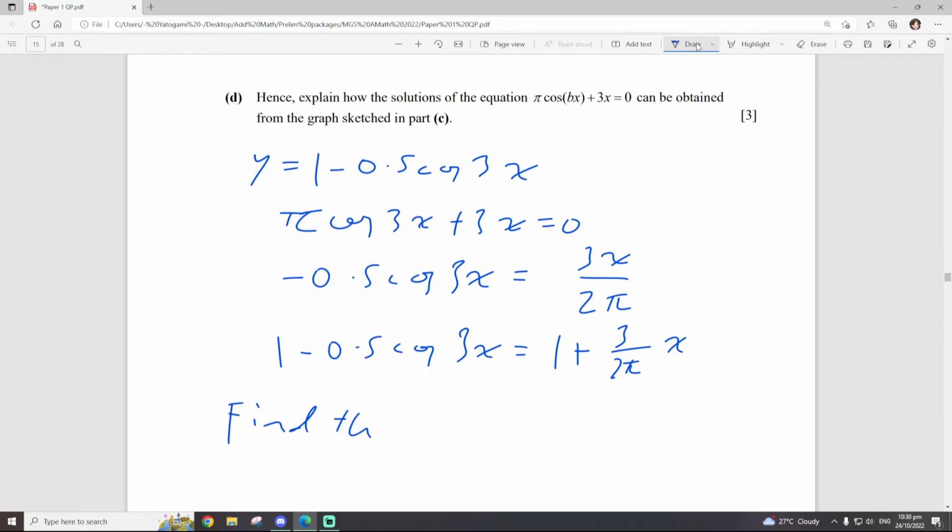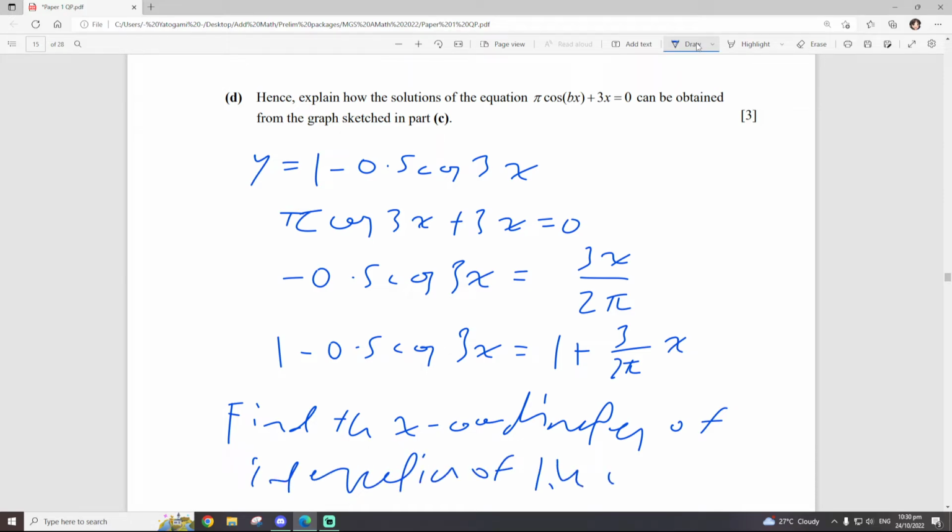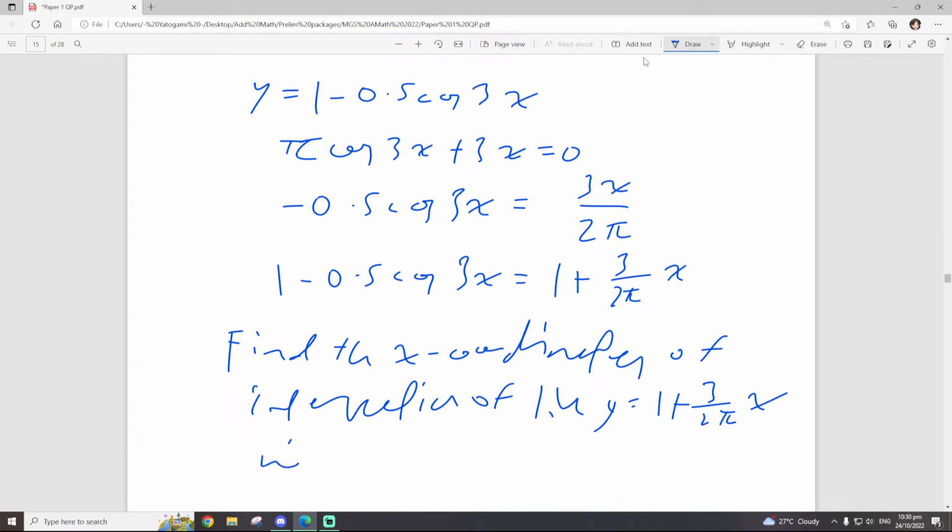So you can see that the solutions will be x coordinates of intersection of line y equals 1 plus 3 over 2 pi x with the curve y equals 1 minus 0.5 cosine 3x.